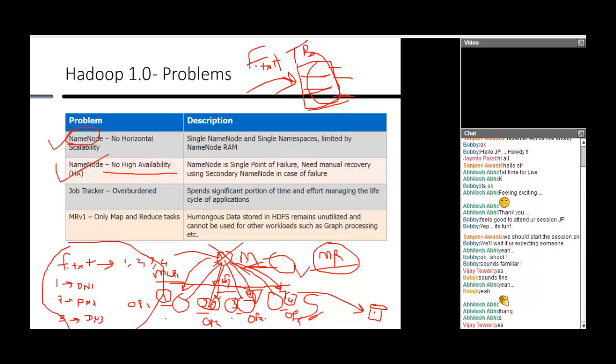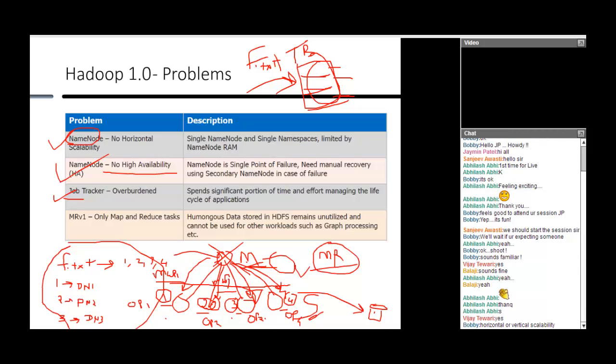Right? Now there is another problem with job tracker. Now job tracker is overburdened. So assume that, as I told you, in the master node itself there will be one more process running, which is called job tracker. Okay? Now the horizontal scalability, right?